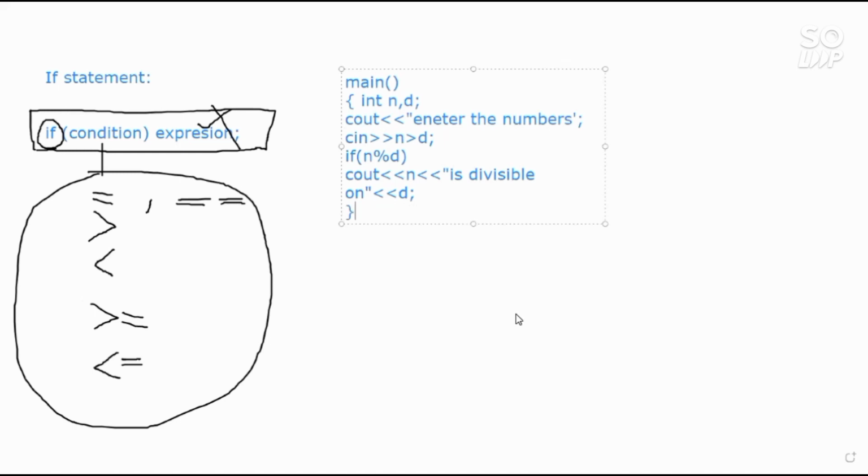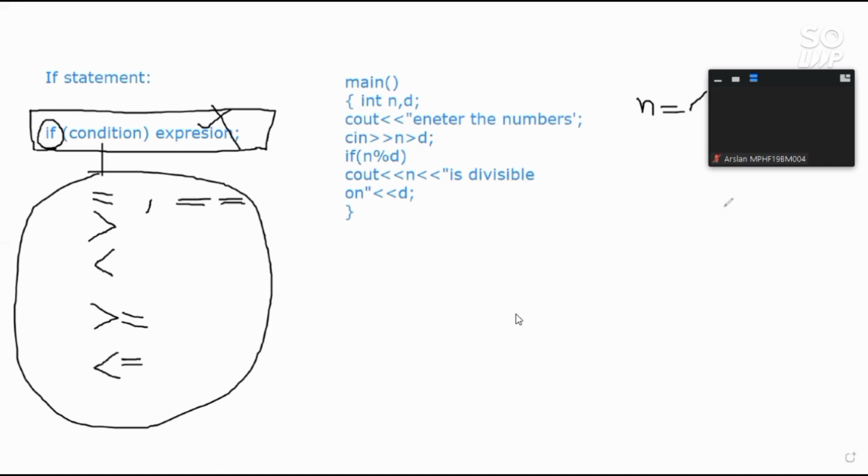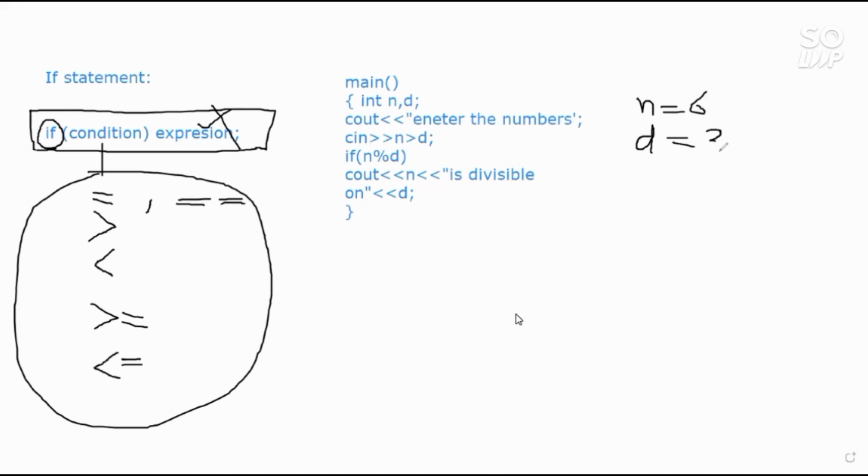So you will write that program, and what is actually happening? You will be giving numbers to the integer type data n and d. For example, I am giving n as 6 and d as 3.